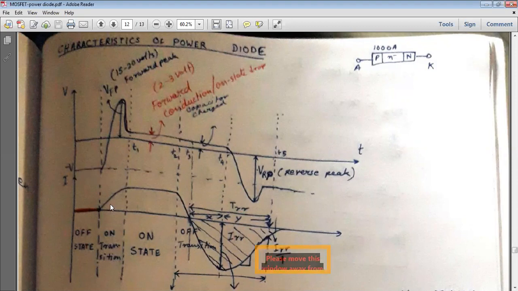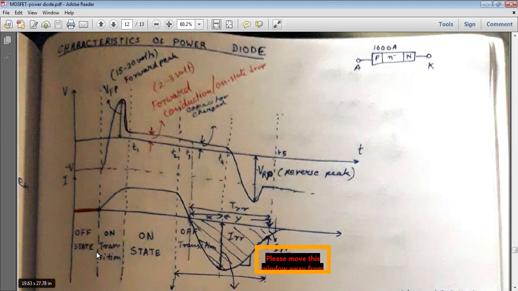First of all, initially the current was in the off state, that is, current was not flowing, and the voltage was reverse biased, that is, negative voltage. That means the voltage is less than 0.